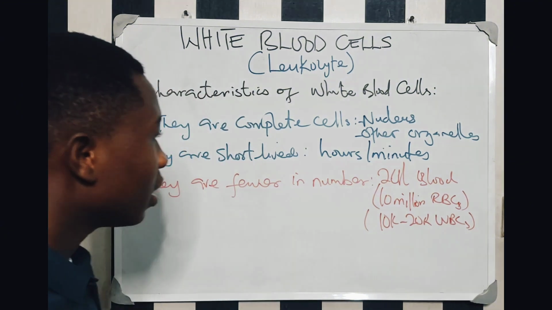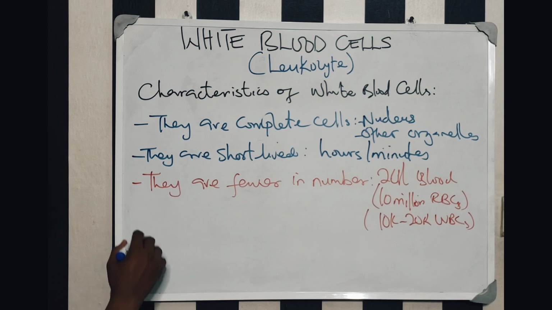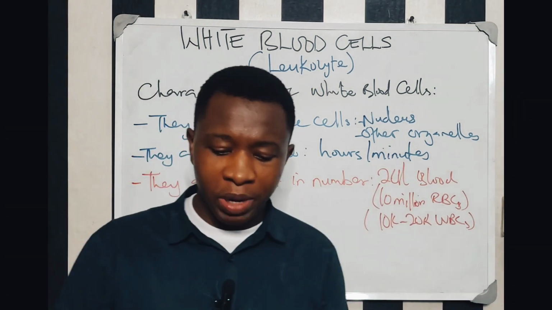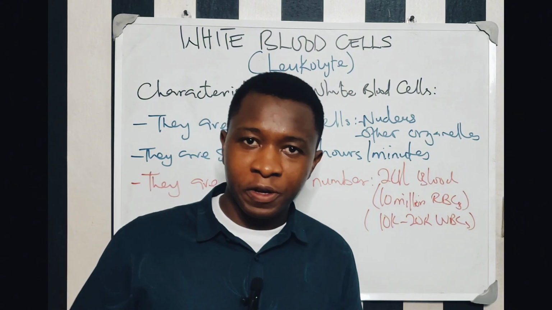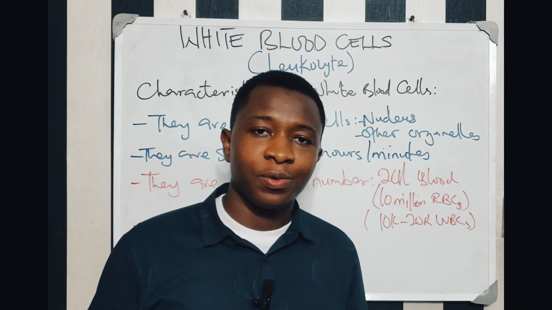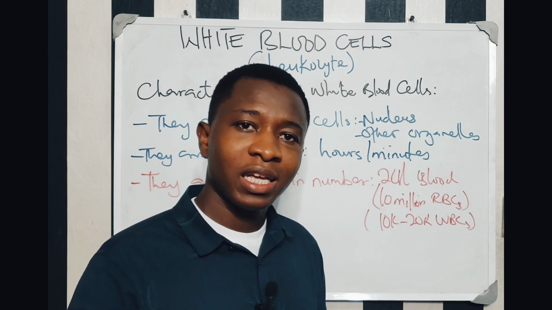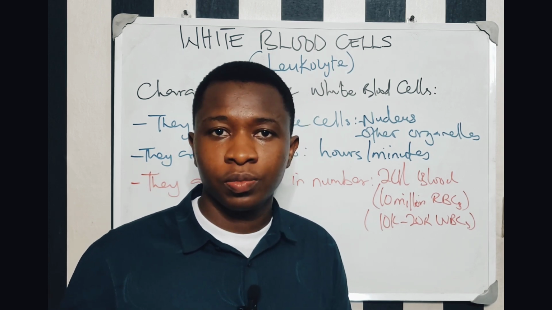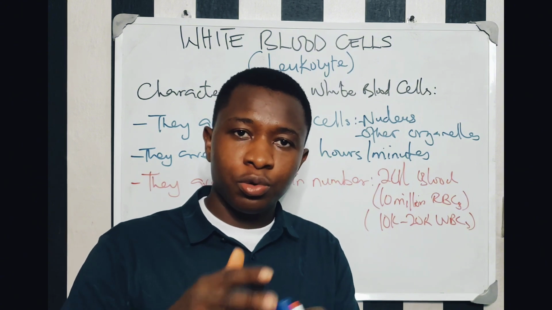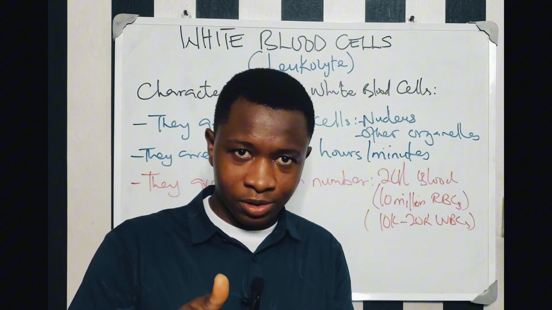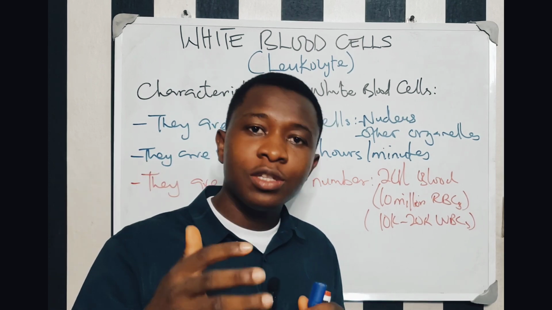Now, the last characteristic I'm going to talk about is that the white blood cells do not actually spend a lot of time in the blood vessels. So when they develop, they look for a way to get through to the tissues. They leave the blood vessels and pass through the openings of the cell lining of the blood vessel and get into the tissue.